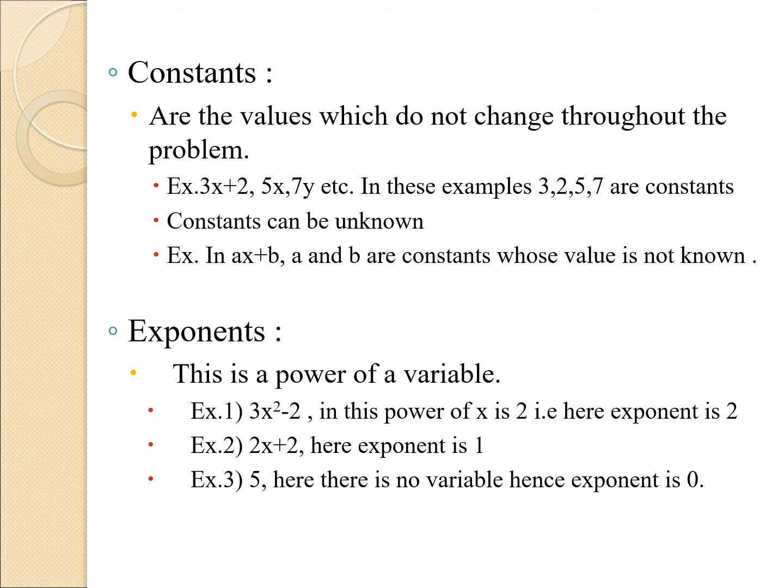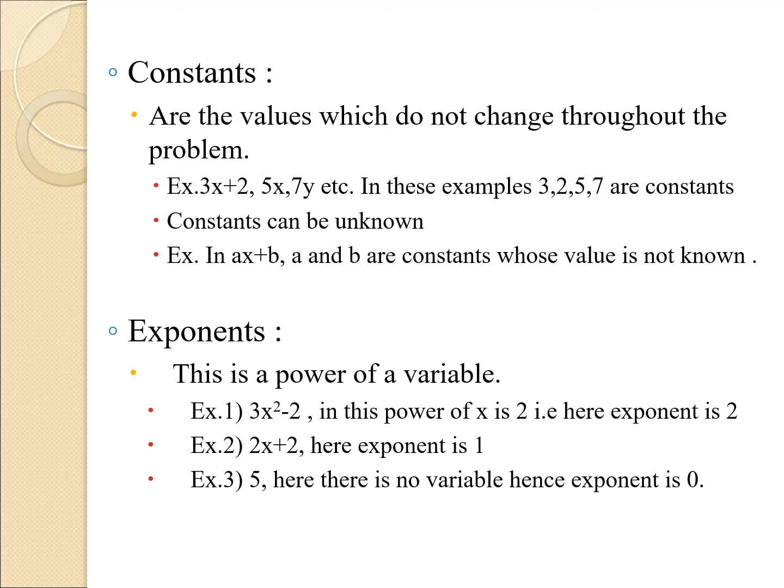Then what are the constants? 3 is a constant term, 2 is a constant term. Then one more expression is given here, 5x. Here x is a variable and 5 is a constant. In 7y, y is a variable, 7 is a constant.